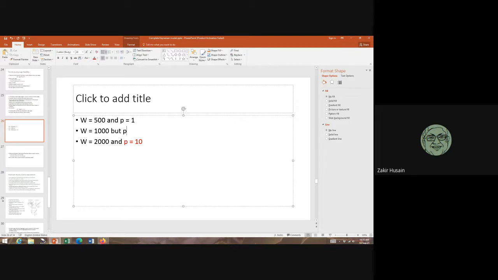But price is 1.5. You're better off. In which state are you better off? Obviously this one. This is the better off position. But if you just know what the money wage is, you may go for the wrong decision.